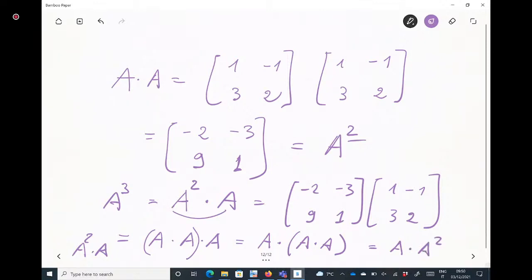What does this imply? That if all the matrices that I use are square matrices that are powers of the same matrix A, the commutative property holds. Okay? You see here? We have the commutative property. This is another case in which we have the commutative property. There are some very particular cases in which this property holds. It doesn't hold in general.